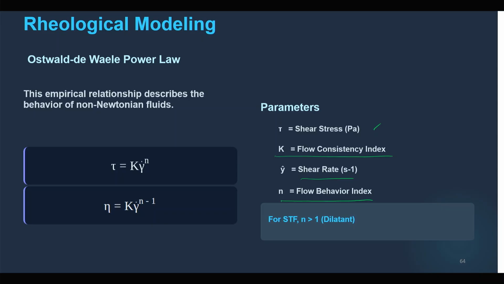For Newtonian flow, n equal to 1. For non-Newtonian flow, that is for STF, the n value is more than 1. So, for shear stress and shear strain, we can get this plot.